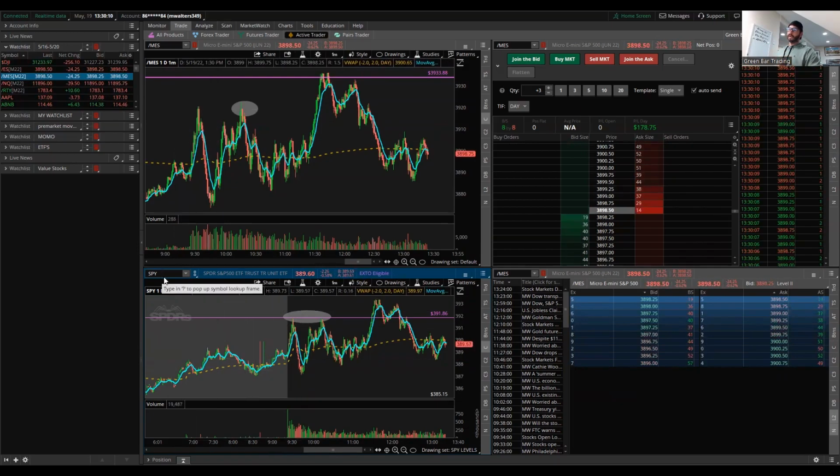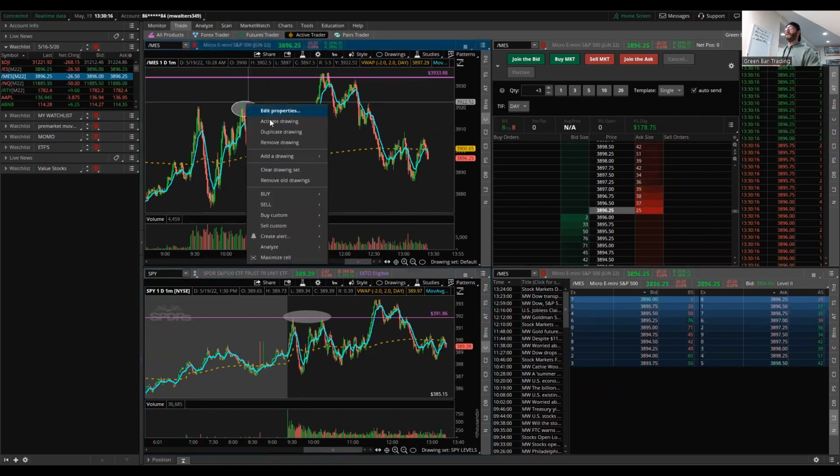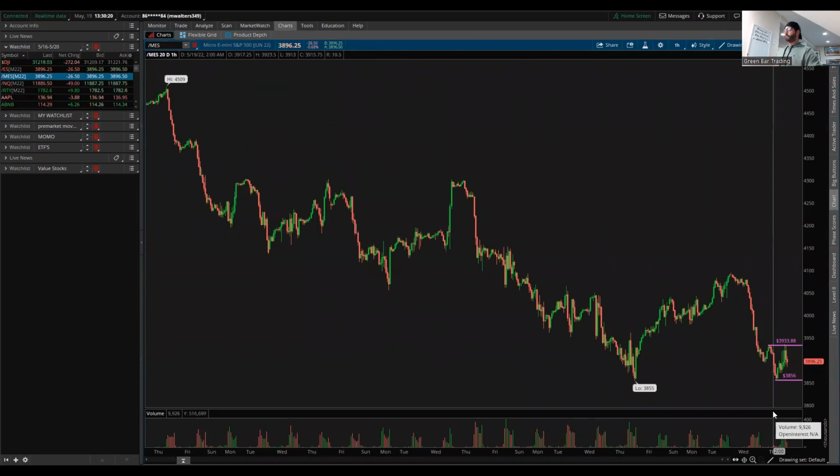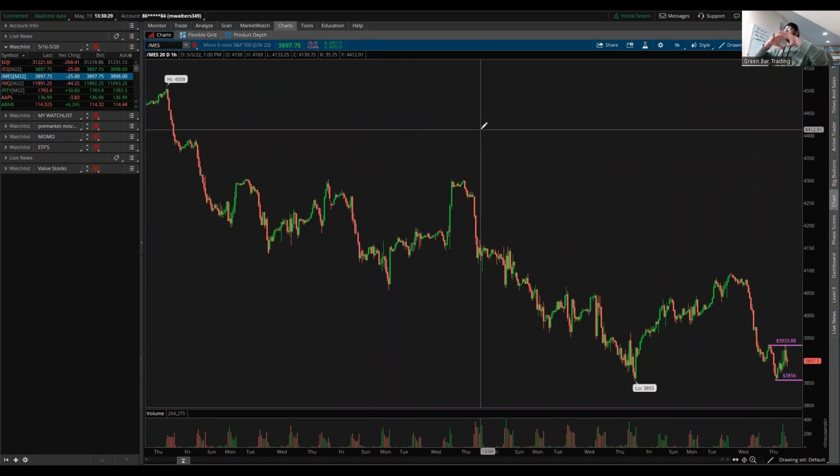So, like I said, I trade the SPY, but I use the Micro E-minis to do it. Now, if we're looking at this, I'm just going to remove that on the charts here. This is a 20-day 1-hour chart. So the way that I would do technical analysis is looking at a bigger, broader view of the overall market.